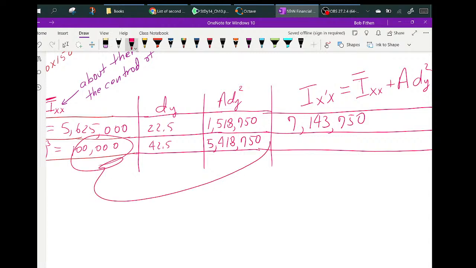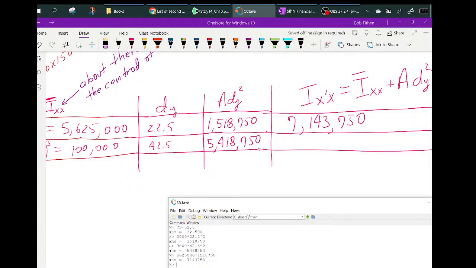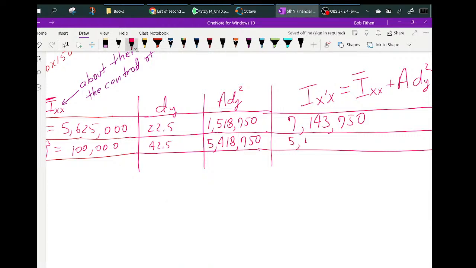I'll take that, add it to that, and stick it right there. Okay, 100,000, that's pretty small. Plus 5,418,750 gives me 5,518,750, and we're good. Now what do I do?